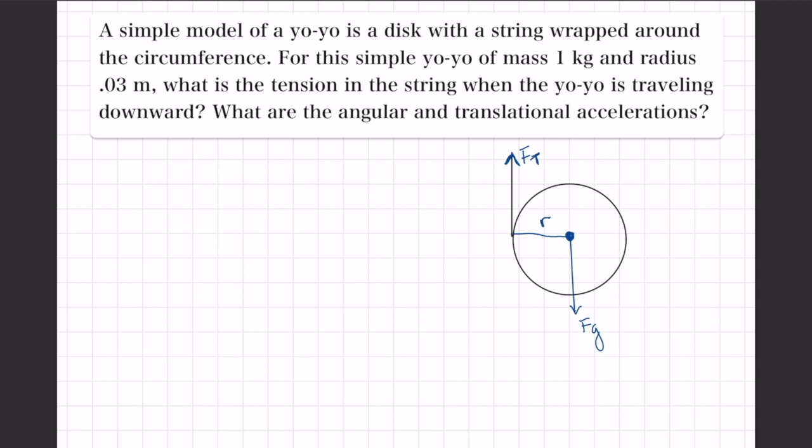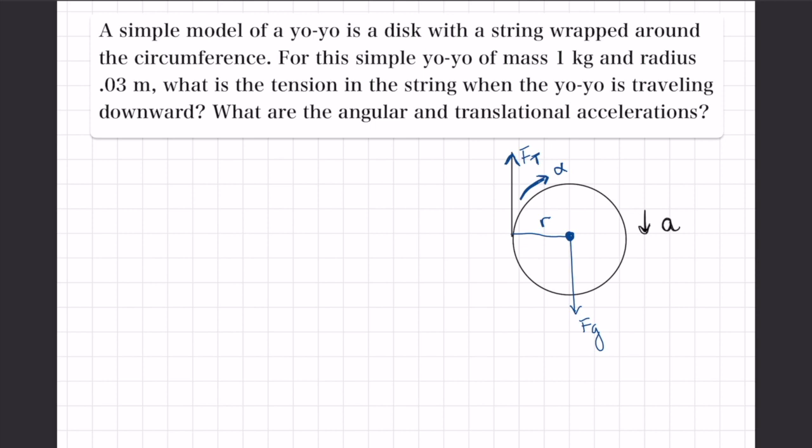And then because this yo-yo is going to be traveling downward, as the tension is pulling upward, the gravity is heavy enough that this is going to unfurl. So we will have angular acceleration going counterclockwise, and we'll have our translational acceleration going downward.